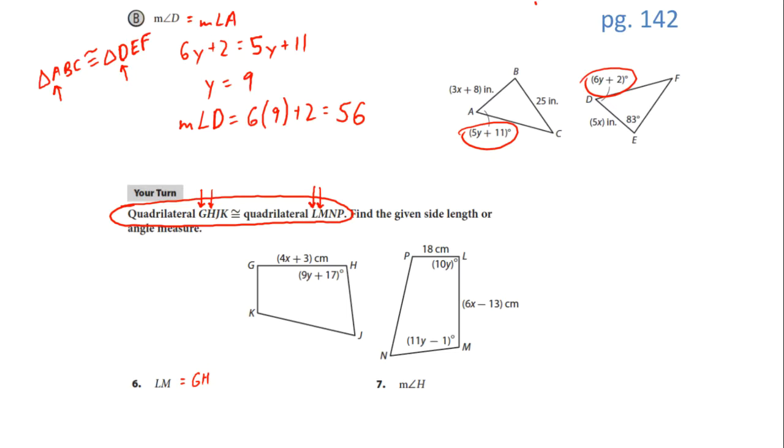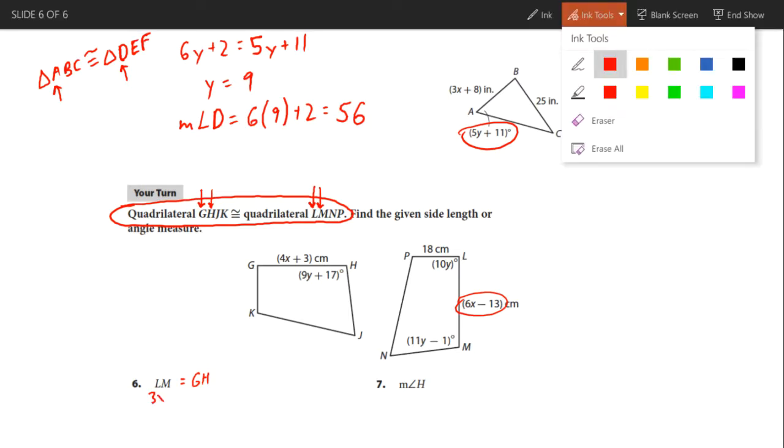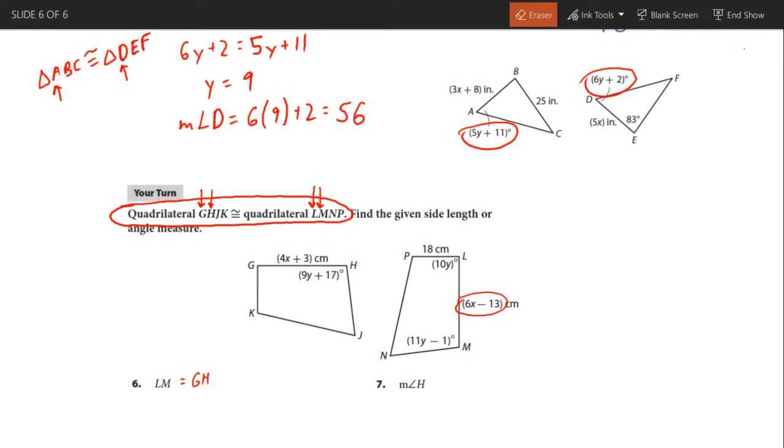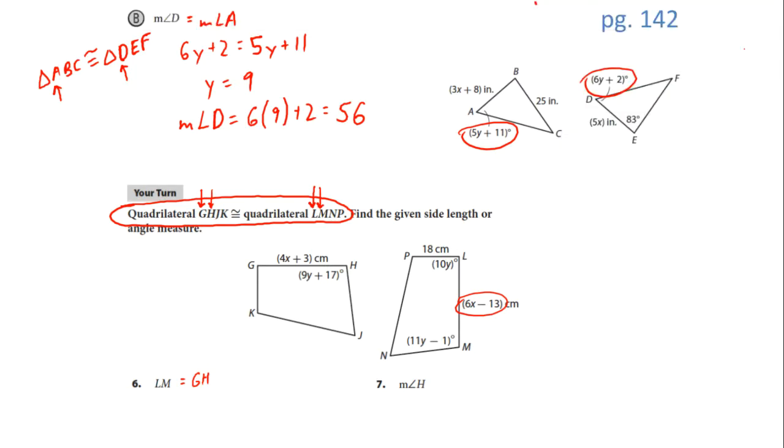In the picture, LM is 6x minus 13. And GH is 4x plus 3. We subtract the 4x and add the 13 and divide, we get x equals 8.